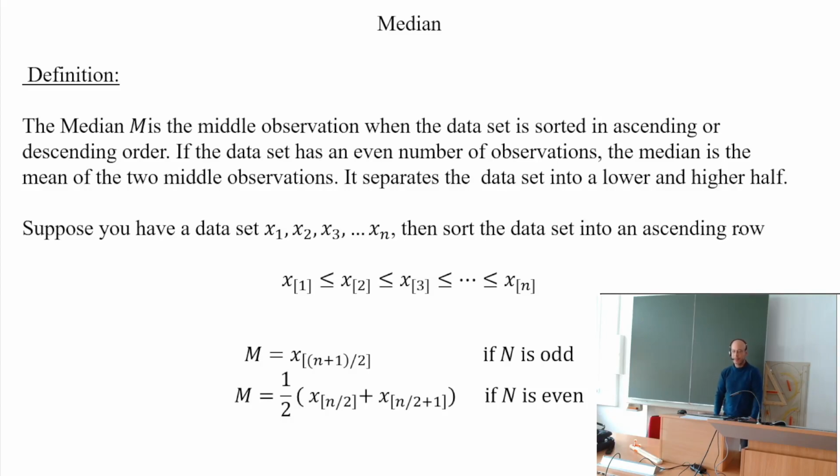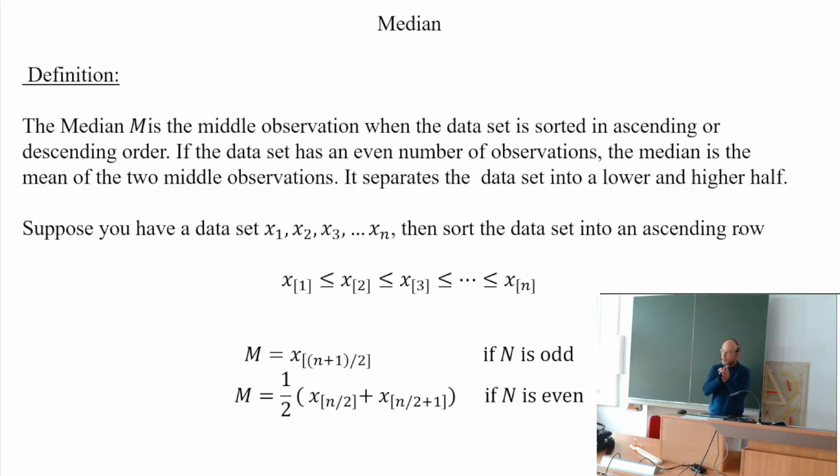If you have the data, you put it in a row from the lowest to the highest, and if we have 71 data points, then the 36th data point in the row would be our median.